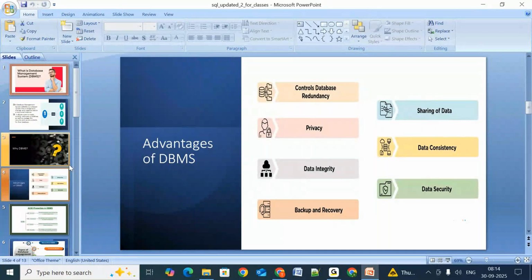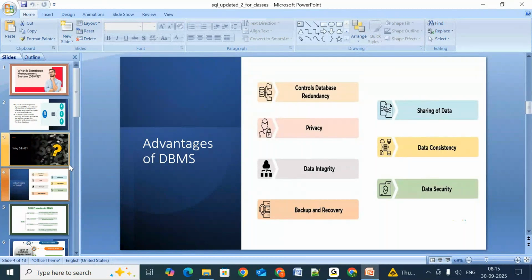And then we moved into the concept called DBMS. What is DBMS? It's a database management system. Do you think it's a hardware application? Do you think we need to install something? No, right? It's a software.